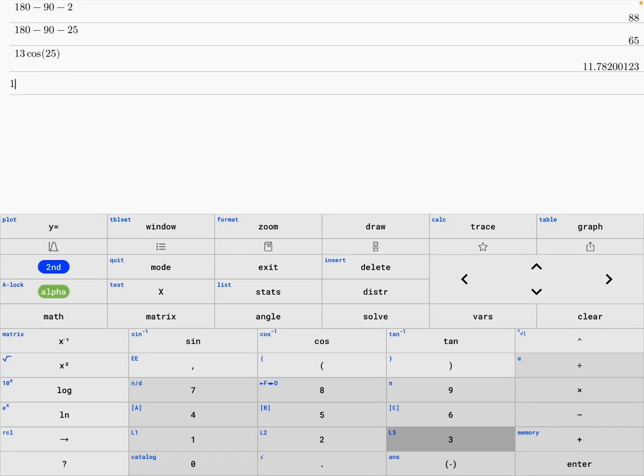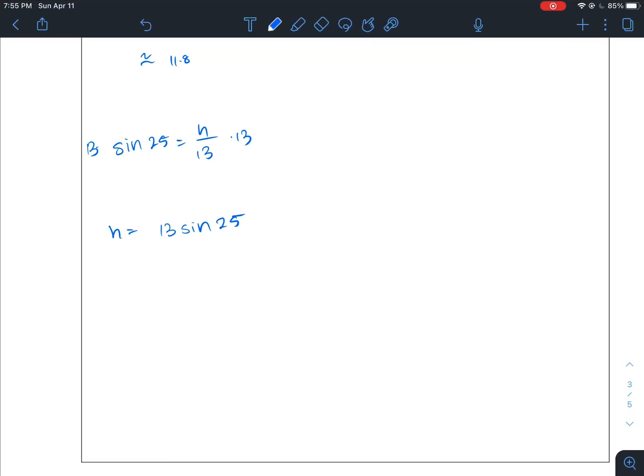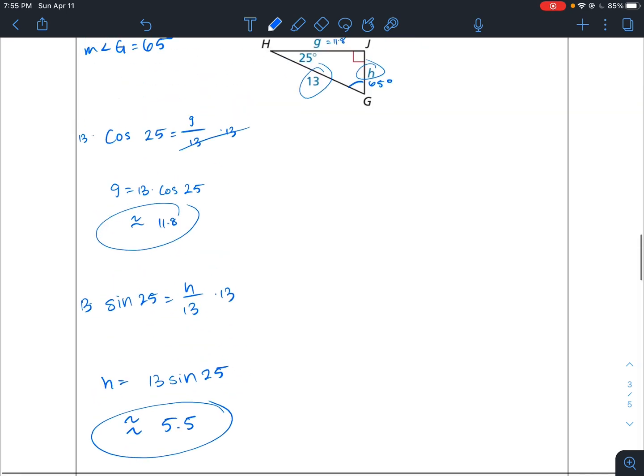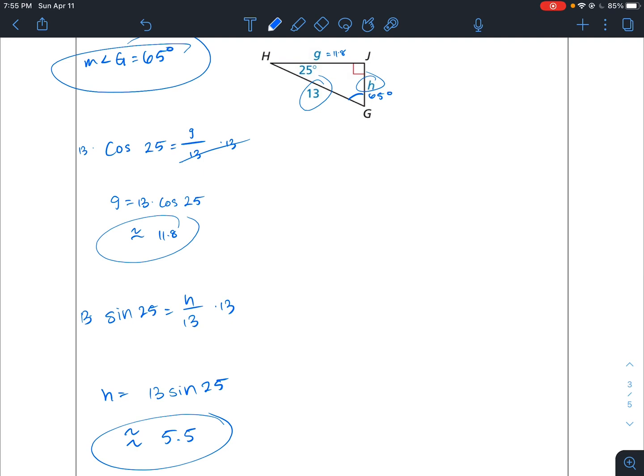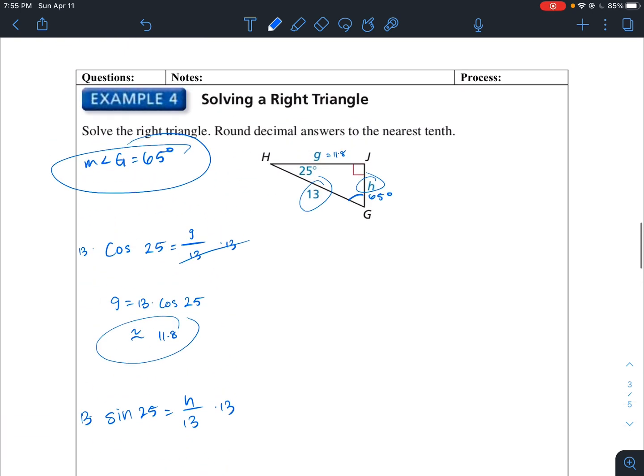So 13 times sine of 25, and I get about 5.5. So h is equal to about 5.5. Okay. So there you go. I found all 3 missing parts, and that's what I need to solve the triangle.